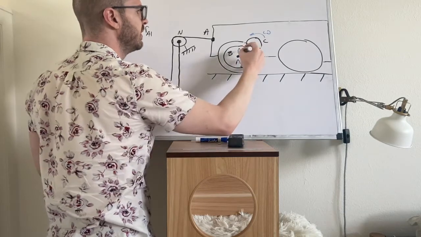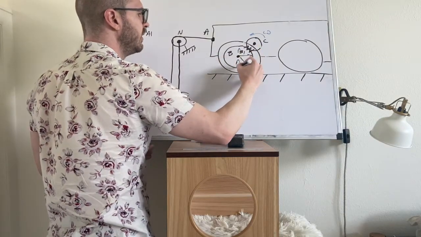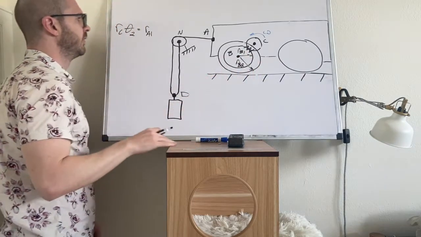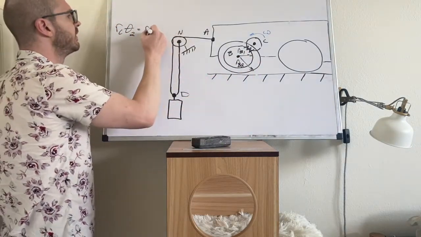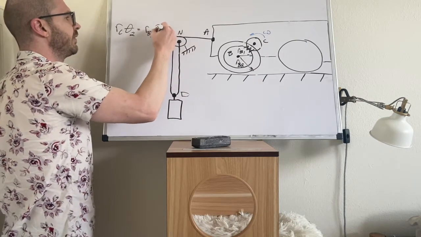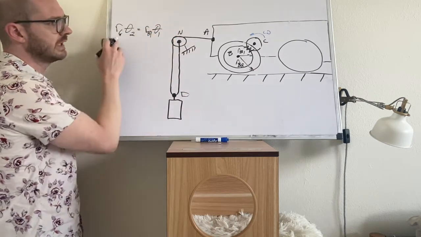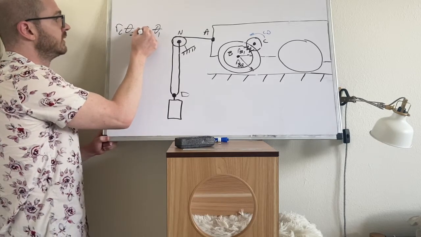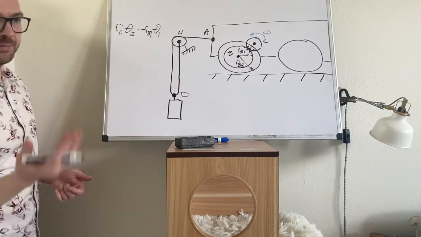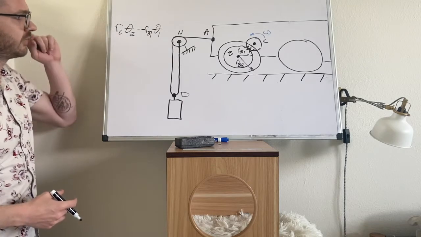This is body B. A was the cart. There we go. Okay. RB1. And this is now θ1. And of course, the relationship between these is going to be negative because it's a gear. So when one rotates positive, the other rotates negative. So there's our constraint. All right.